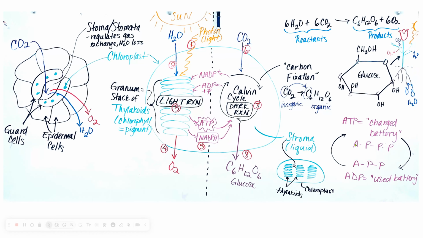But this can get recycled or recharged. And then over here, I just have a simple picture of a chloroplast showing the thylakoid membrane, or the thylakoids in stacks called grana, and then the solution covering all of these are the stroma. So spend a little time with this picture so that you can better understand an overview of photosynthesis.